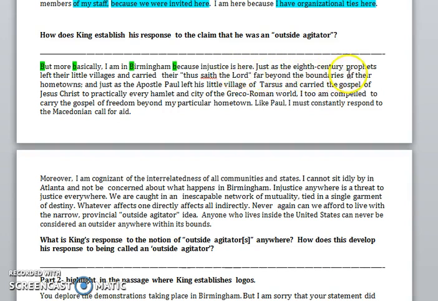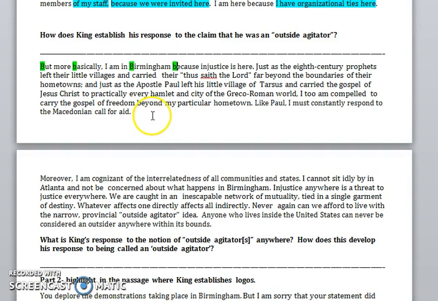Just as the 8th century prophets left their little villages and carried their "Thus saith the Lord" far beyond the boundaries of their hometowns, and just as the Apostle Paul left his little village of Tarsus and carried the gospel of Jesus Christ to practically every hamlet and city of the Greco-Roman world, I too am compelled to carry the gospel of freedom beyond my particular hometown. Like Paul, I must constantly respond to the Macedonian call for aid.